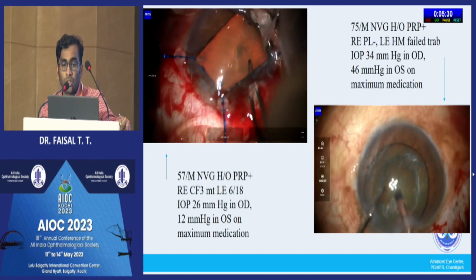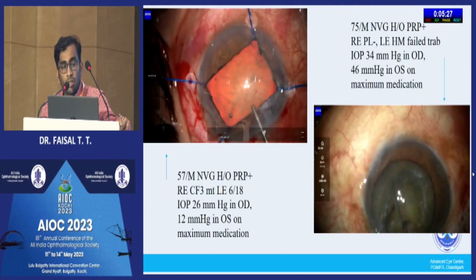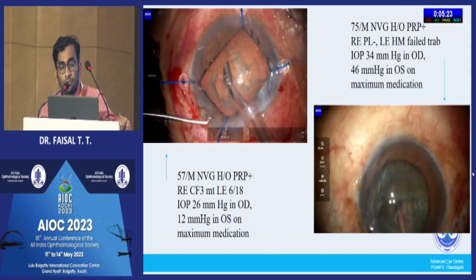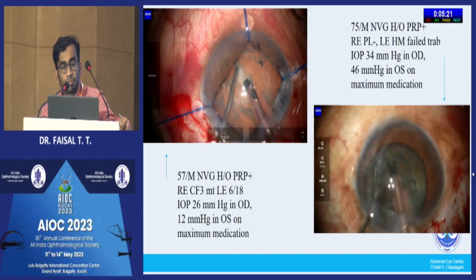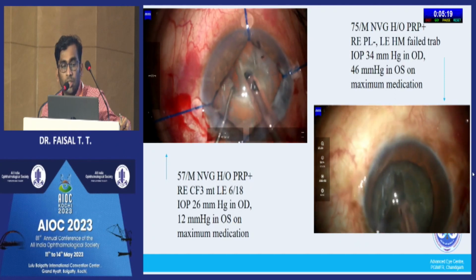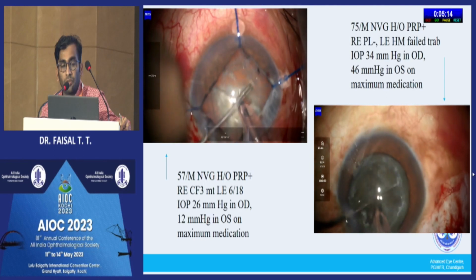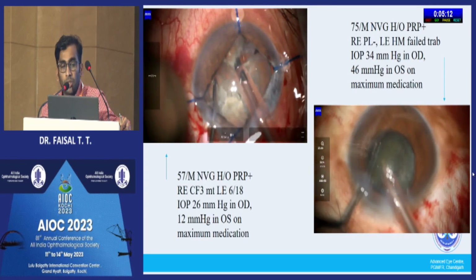It depends on the case also. If it is soft, we usually do a direct chop. Then carry on with your normal phaco, like nucleotomy and emulsification of the nucleus.